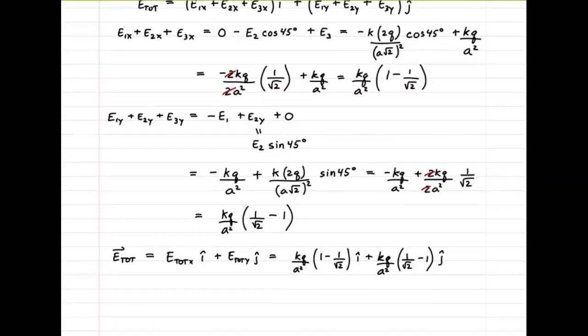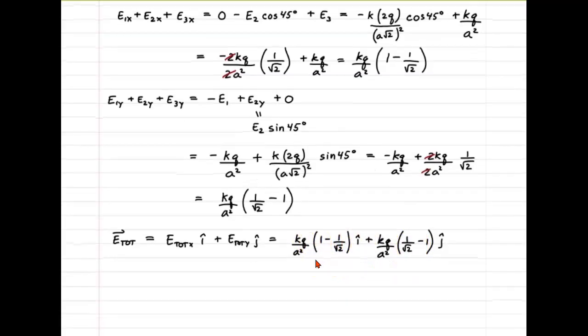Now you notice that these two terms are actually just opposite of each other, right? Because if I put a minus sign here, this becomes 1 minus 1 over root 2, which is the negative of this.